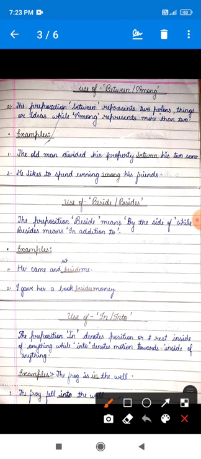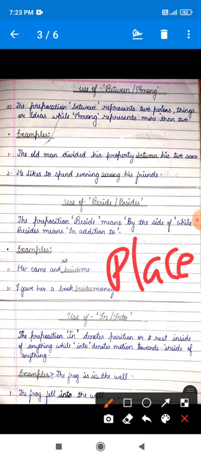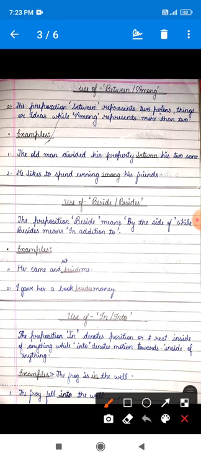So here place used in the sense of place, okay, and both in and into convey the same Hindi meaning, but both are different in the usage. So let's see the uses of in and into, okay, please pay attention.